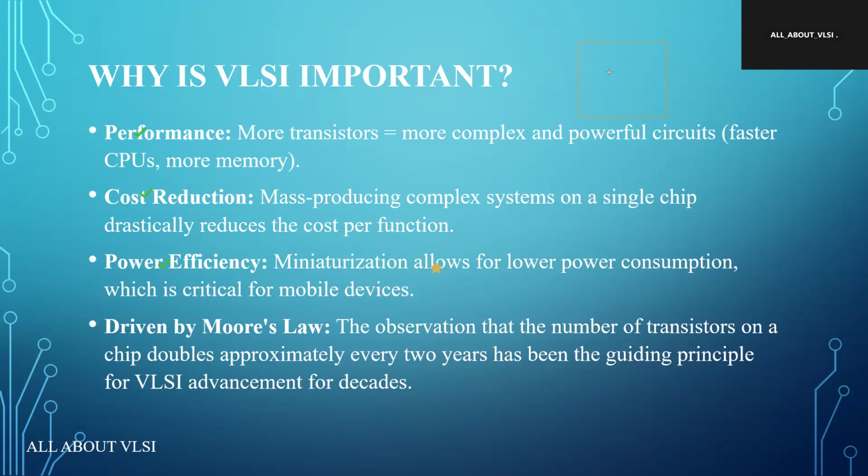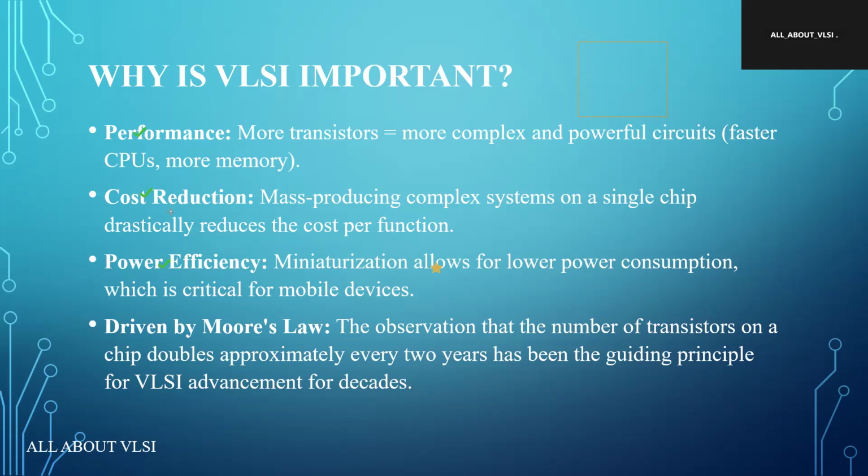We have more memory and more advantages for users also. So if you have more transistors, our performance will be more. We have to choose more transistors, and place them in as less complex a way as possible, then the performance is also good.